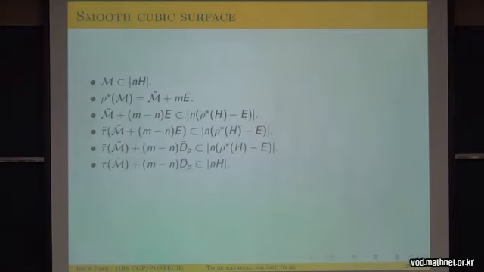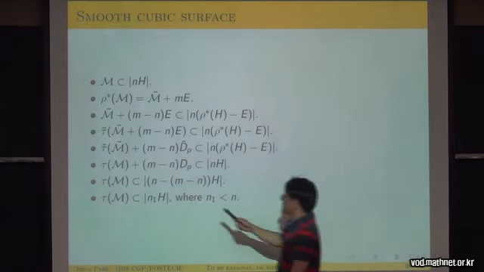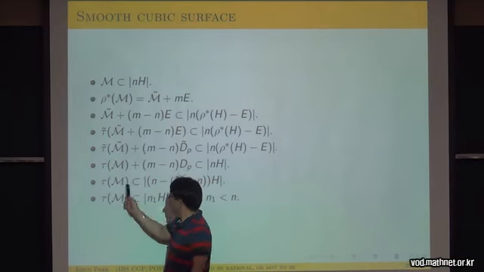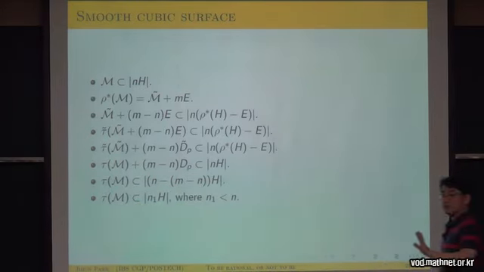So what I want to say is, we want to see this. You send every member in the mobile linear system to itself by our involution tau, the quadratic involution. What they do is they reduce this number n.